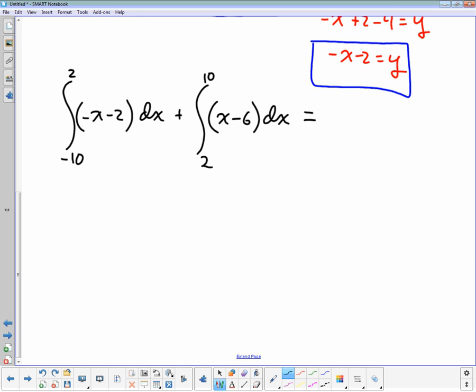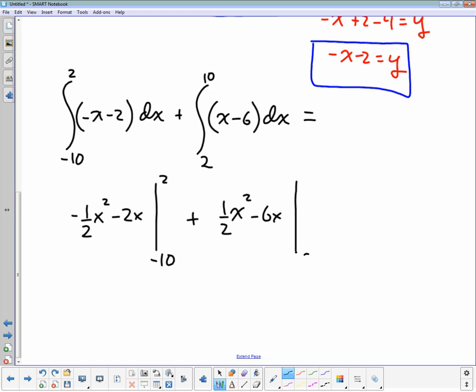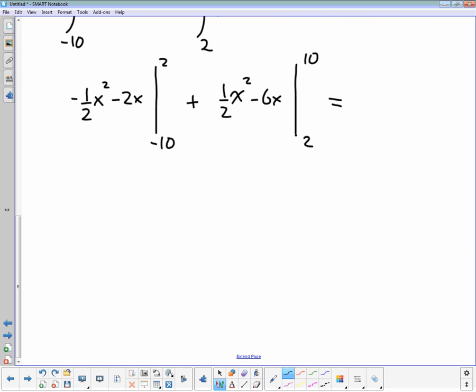We wind up with negative 1/2 x squared minus 2x evaluated from negative 10 to 2, plus 1/2 x squared minus 6x evaluated from 2 to 10.